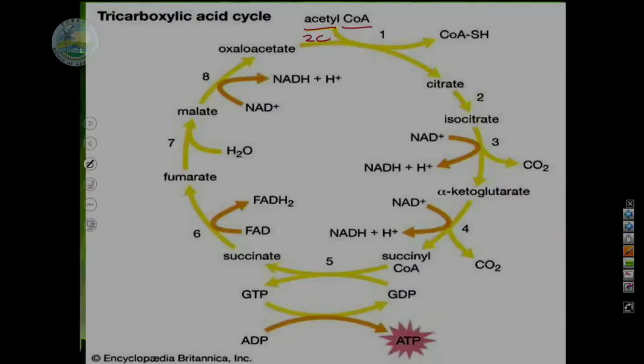You see here oxaloacetate. You are not required to know the names of these molecules. You are required to simply have an appreciation of what is happening at different points. At CAPE level, you are not asked to name these molecules. That is very important. At university level, you do.